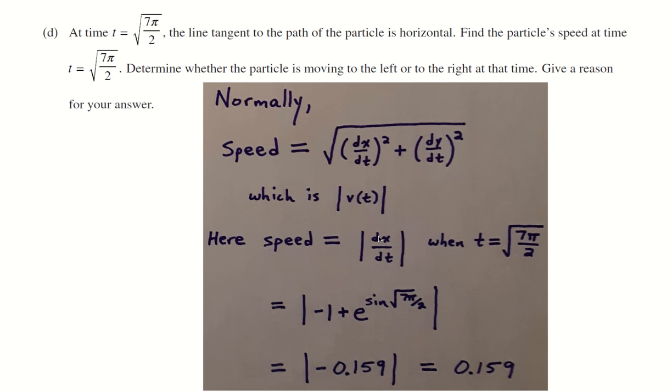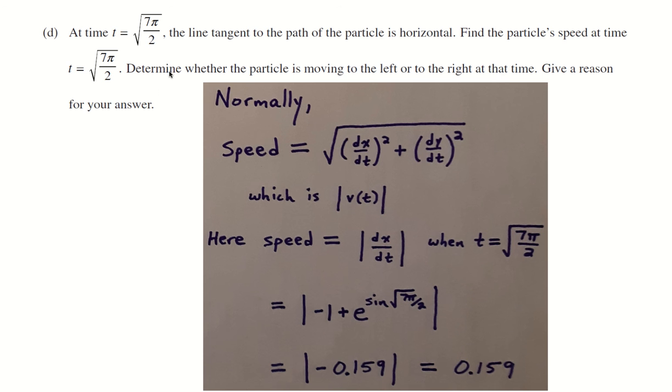Whatever the x component of the velocity is, if we take the absolute value of that, that's going to be speed. So we only need to worry about x when it's going horizontal. And so when we plug in that crazy time value for t into -1 plus e to the sine of t, and it's all absolute value, we end up with that as a speed. So that's the overall speed because of the absolute value.